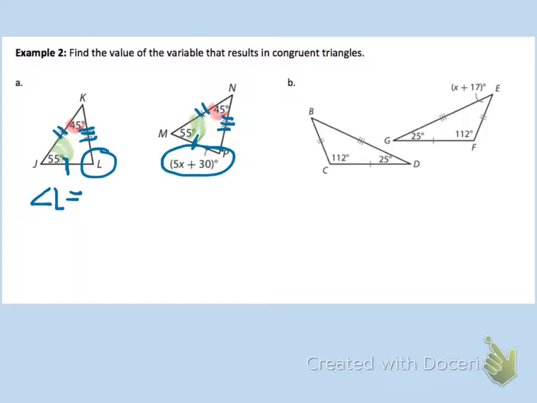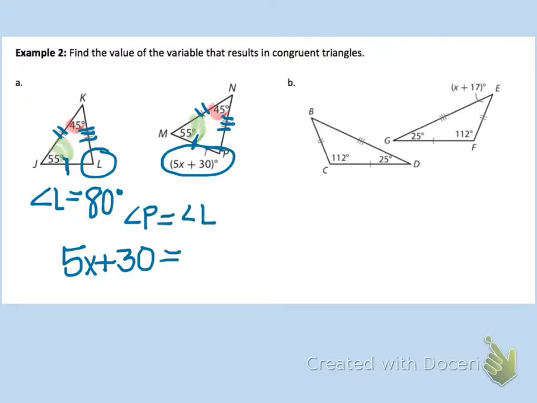So if I have a 55 degree angle and a 45 degree angle, and I take them away from 180, that leaves me with 80 degrees left. And so for these triangles to be congruent, this 5x plus 30, which is angle P, must equal angle L, which is 80 degrees. So that's my equation I can solve.